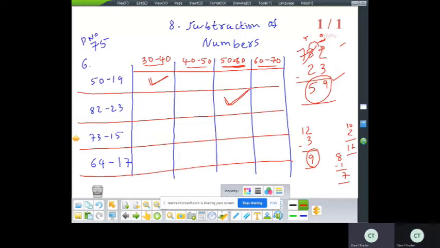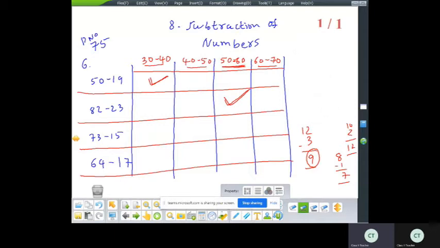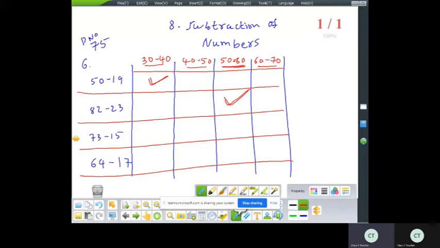Now, question number 3, that is 73 minus 15.